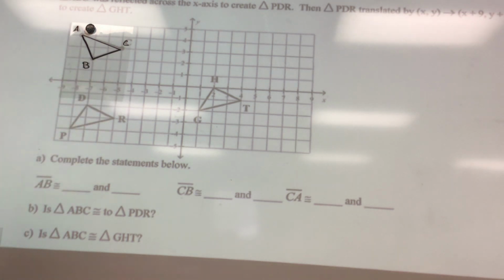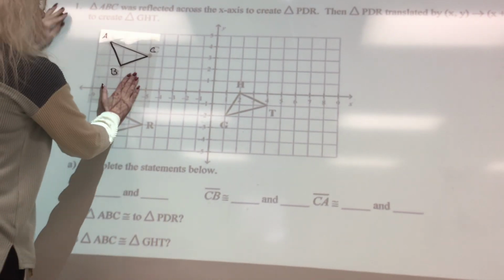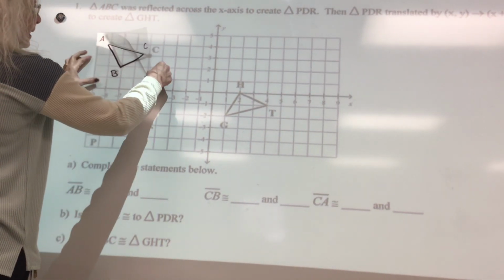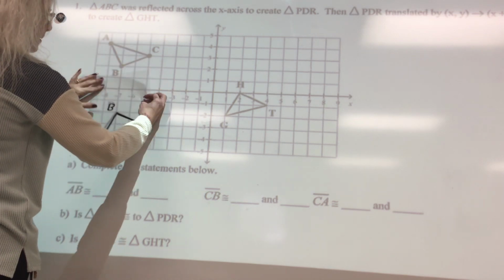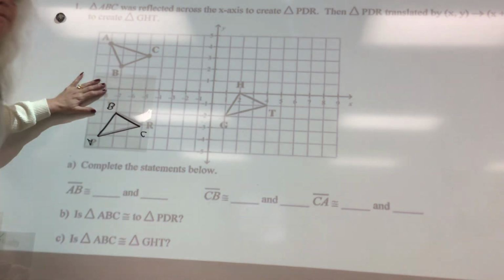After I drew it on the coordinate grid, I reflected it across the x-axis, and created triangle PDR.